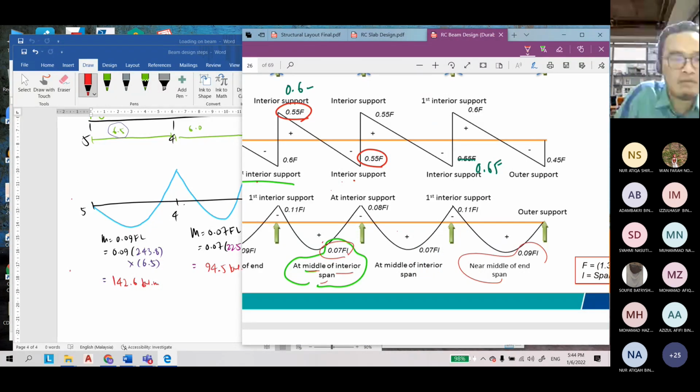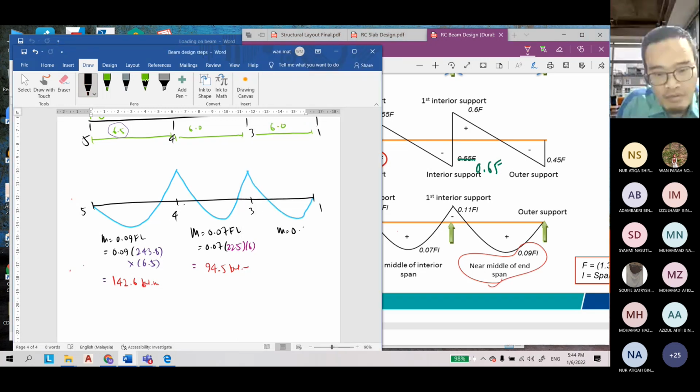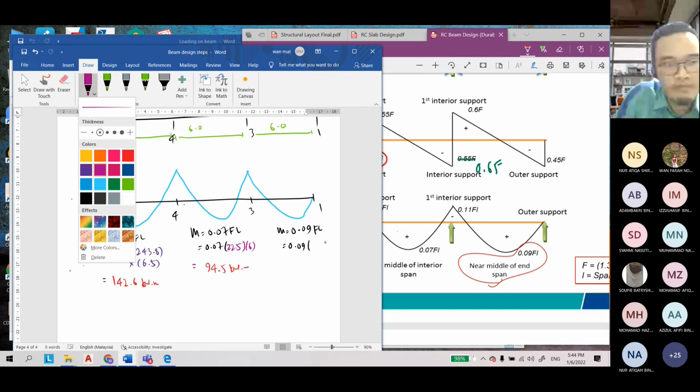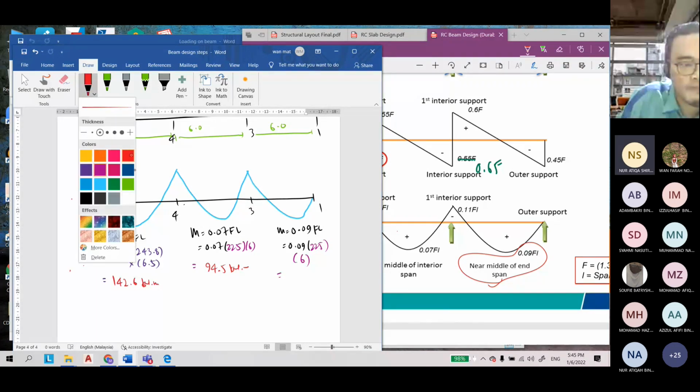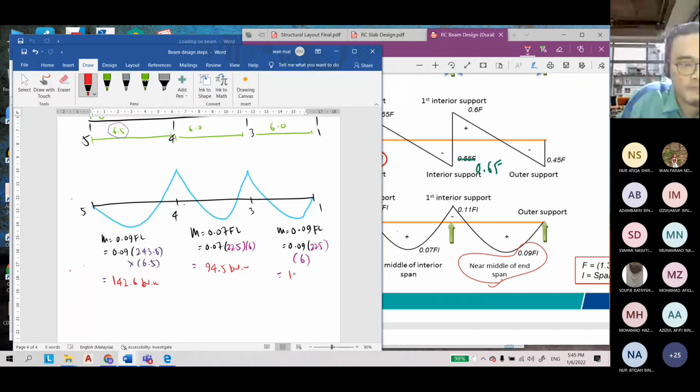So the bending moment is M equals 0.09 FL, equal to 0.09 times our F, which is 225, times 6. So what is the bending moment here? 121.5 kilonewton meter.